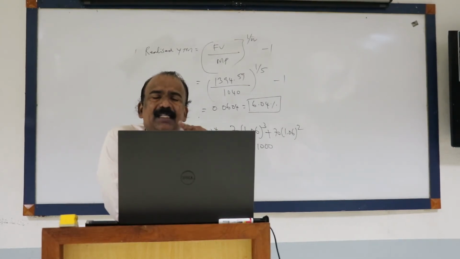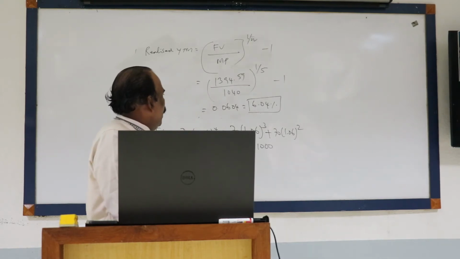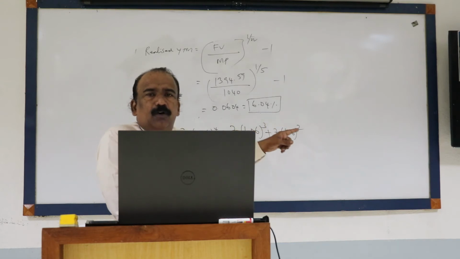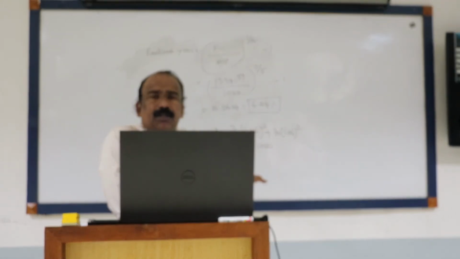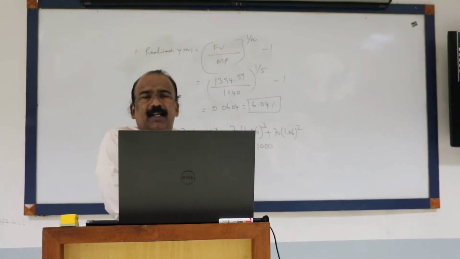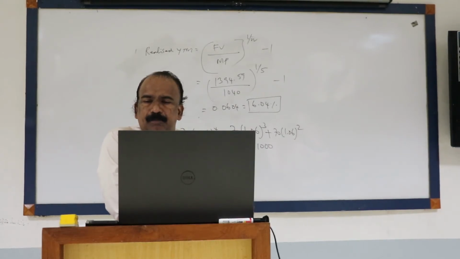So if you calculate the value of the bond at 6.04%, that price will be equal to the 1394. Okay. Got it? Yes, sir. Got it.